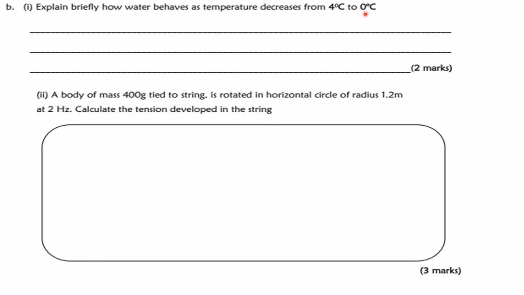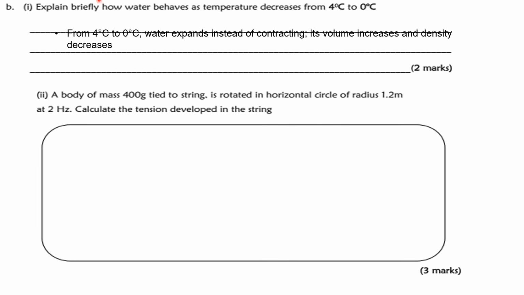In other words, it expands instead of contracting like other substances do. So what you need to do here is describe the anomalous expansion of water. So from 4 degrees Celsius to 0, water expands.